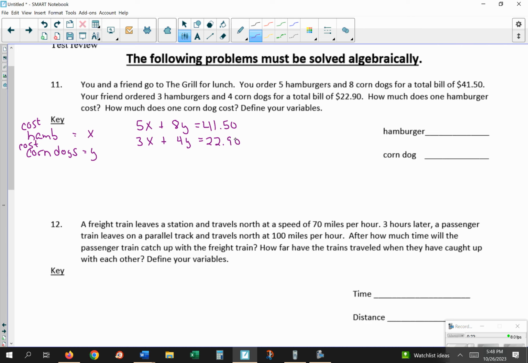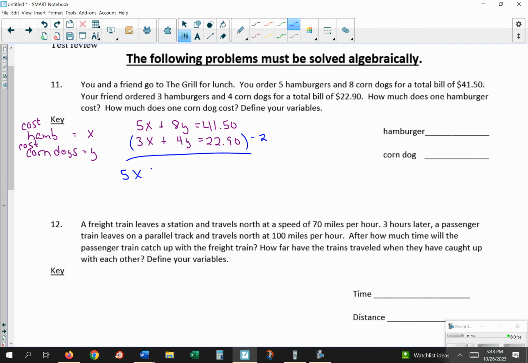Looking at these two, to me, my easiest choice would be to do the elimination method, because it would take one step to make the y's the same, and I would just have to multiply that bottom equation by -2 to make that so.